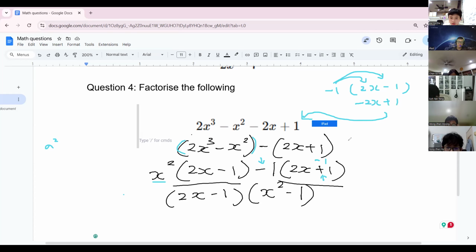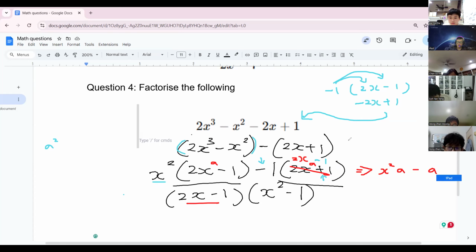So now back to Yana's question just now. We have actually both sides here as 2x minus 1. So Junkai takes out the common 2x minus 1 from here and from here. If I want to use a more straightforward method, it is x squared a minus a.